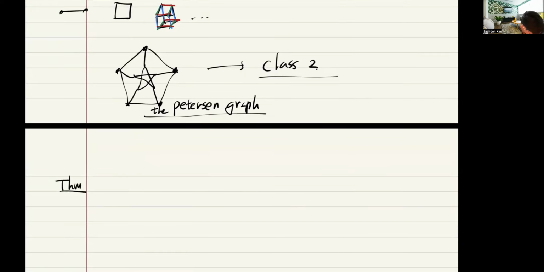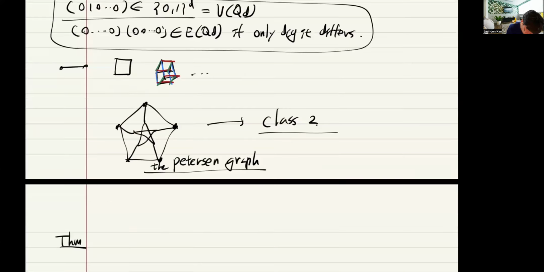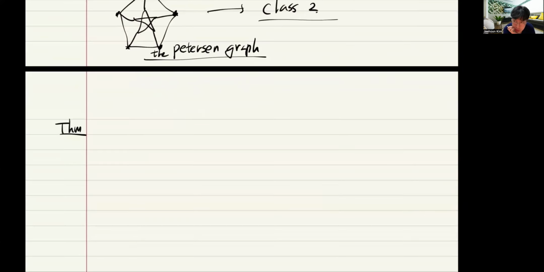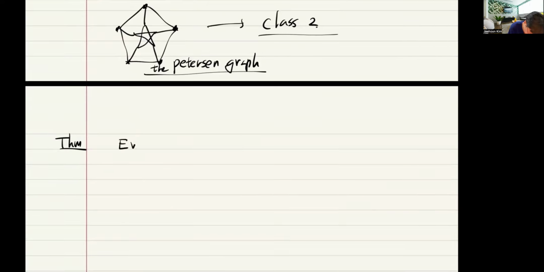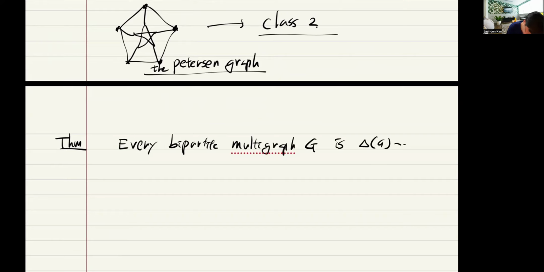And by using the theorems that we proved in the section on matching, we can actually show that every bipartite multigraph G is class 1, delta-edge-colorable.